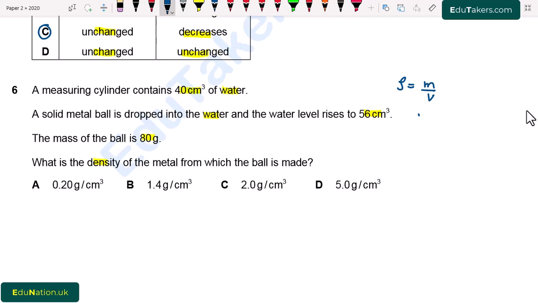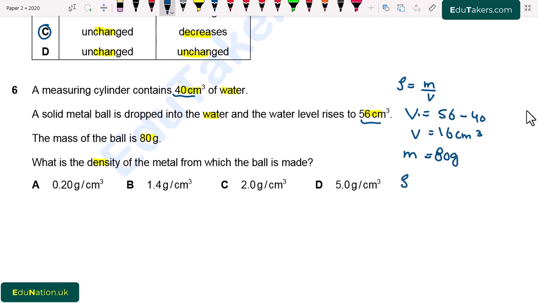First of all, when we don't drop any metal ball, volume is 40 cubic centimeter, and then we drop a metal ball into the water, then the water level rises and it becomes 56 cubic centimeter. So volume will be equal to 56 minus 40, which is equal to 16 cubic centimeter. Next, the mass of the ball is also given, which is 80 gram.